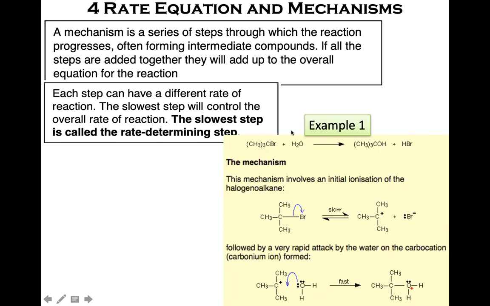If I say the rate of reaction of this particular equation is, say, 10, just a relative rate, that does not mean that each stage has a rate of 10. They have different rates.